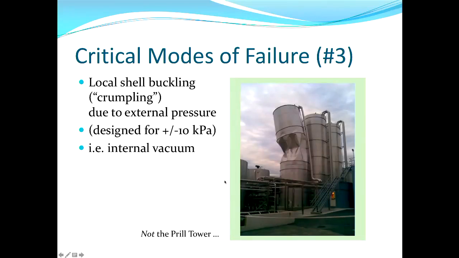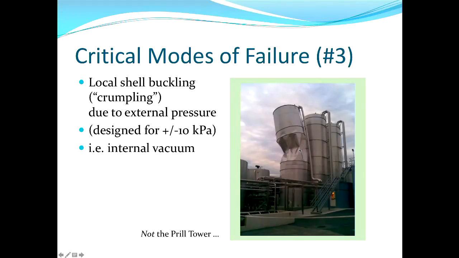And the mode of failure is buckling. The mode of failure is buckling under external pressure. So the shell is in compression, and they actually fail in these beautiful, mathematically interesting ways.